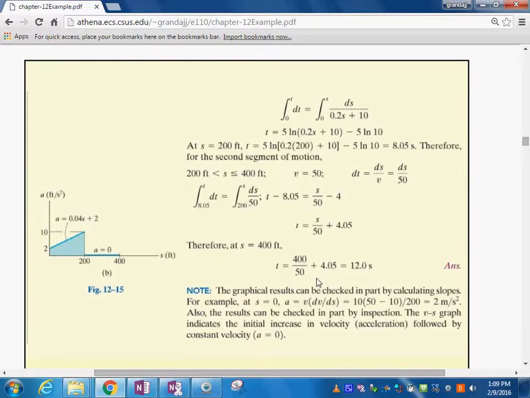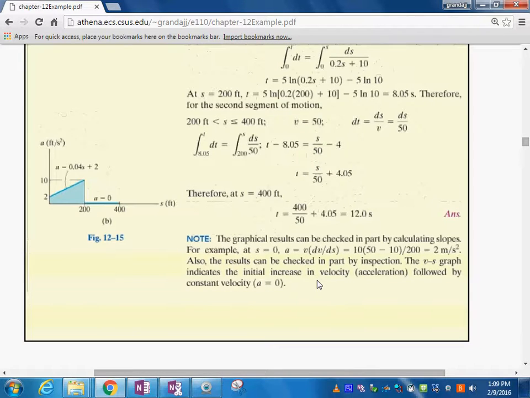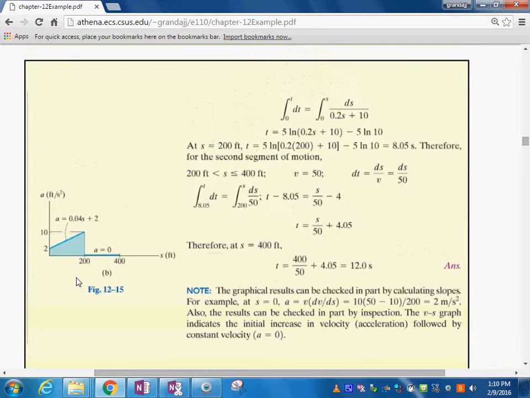So for example, from s equals 0, a is v dv/ds, so equals 10 times (50 minus 10) divided by 200, it would be 2 meters per second squared.